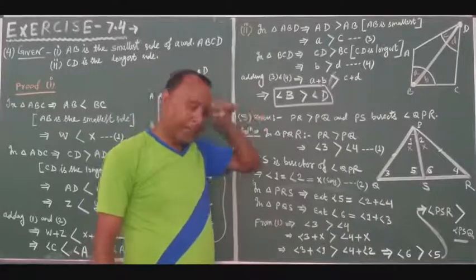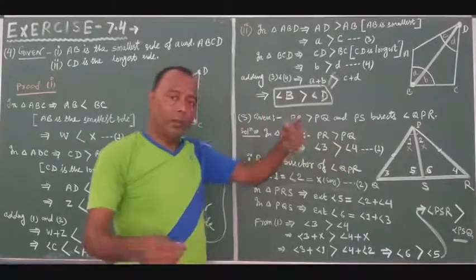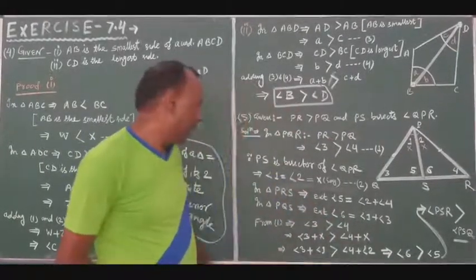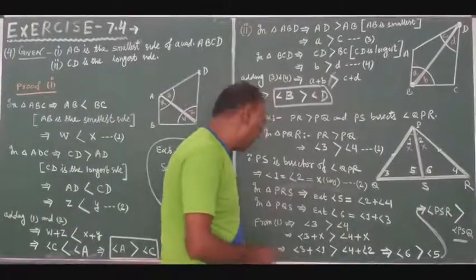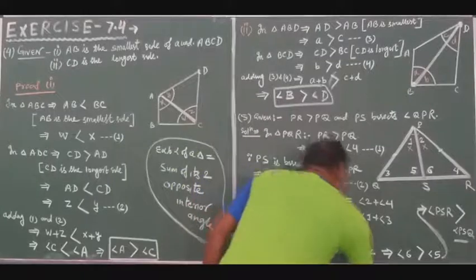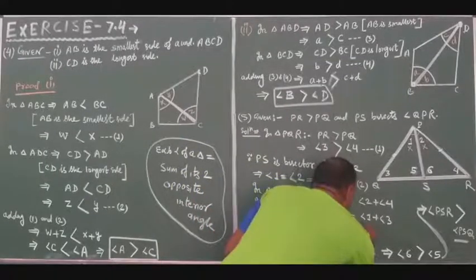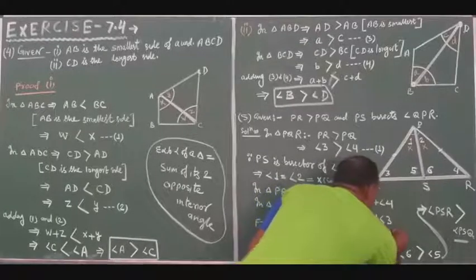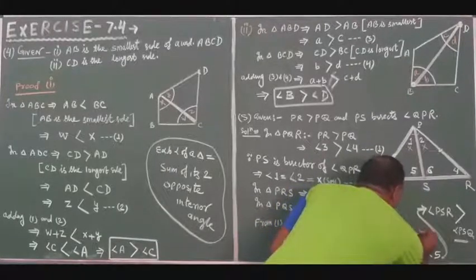Now from equation first, what is given there? Angle 3 is greater than angle 4. Now I am adding x on both sides.